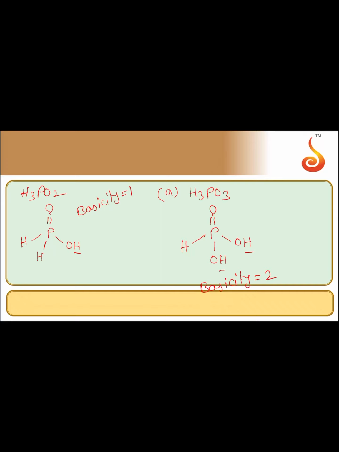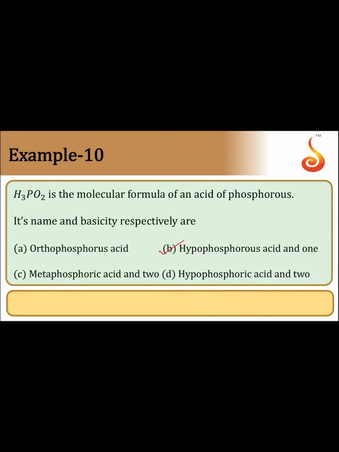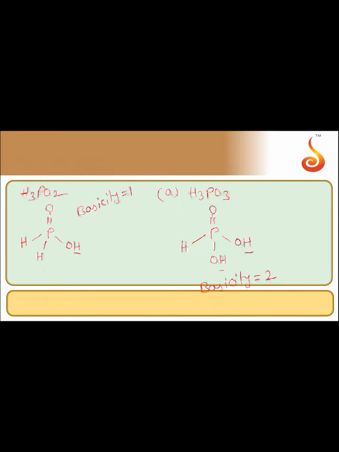Then option C, metaphosphoric acid, with basicity given as 2. Actually it is not 2. Metaphosphoric acid in the vapor phase exists as a trimeric form, that is (HPO3)3. The structure of (HPO3)3 is a cyclic trimeric form.